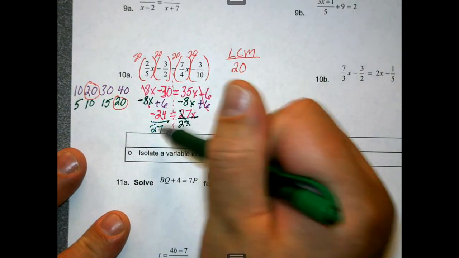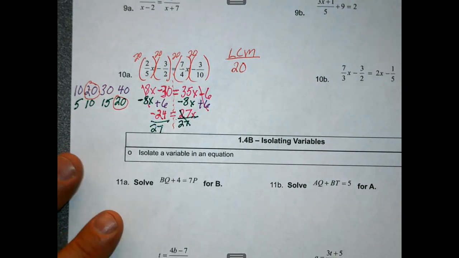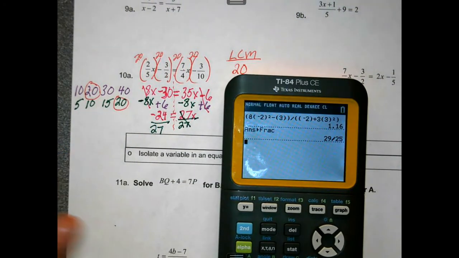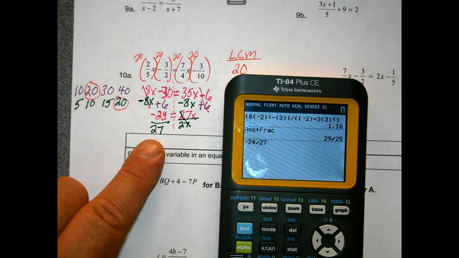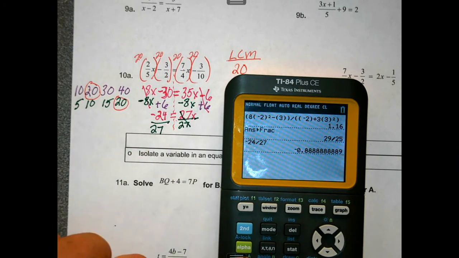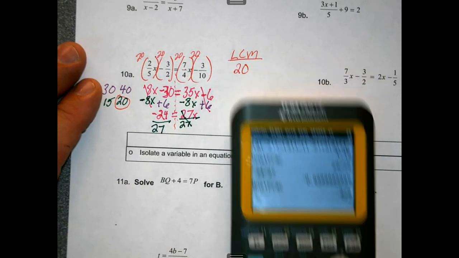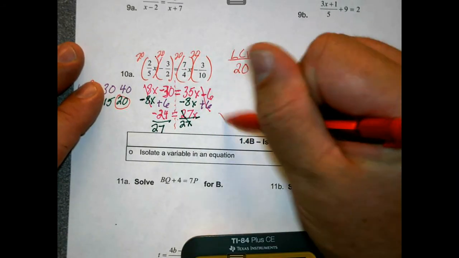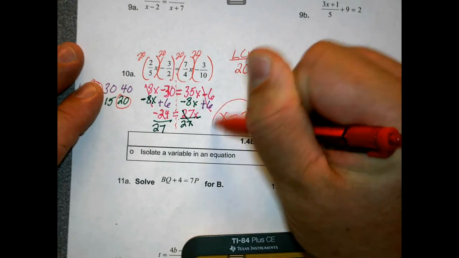Now, check to make sure that this can simplify. And again, you could always use your calculator. Negative 24 divided by 27, decimal, math, enter, enter. Lo and behold, it can be reduced. x equals negative 8/9.